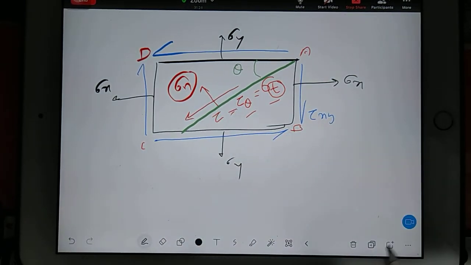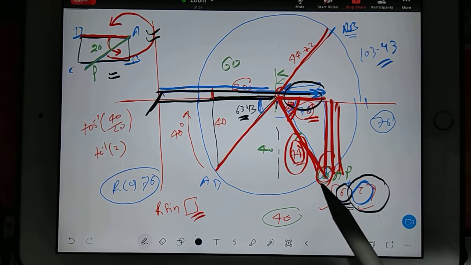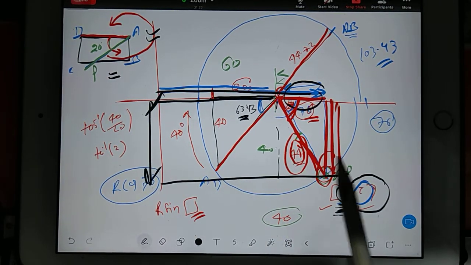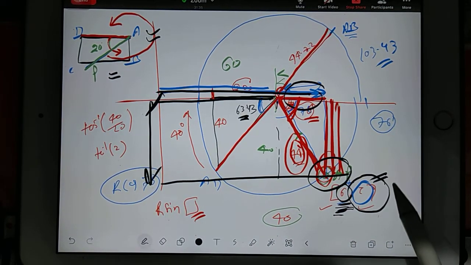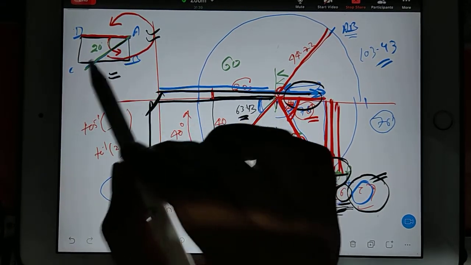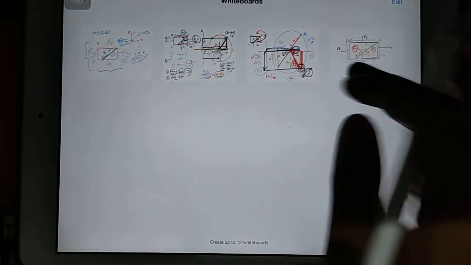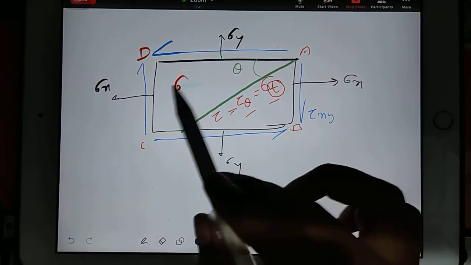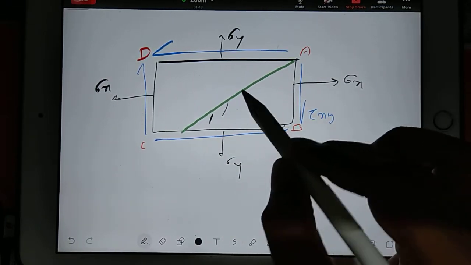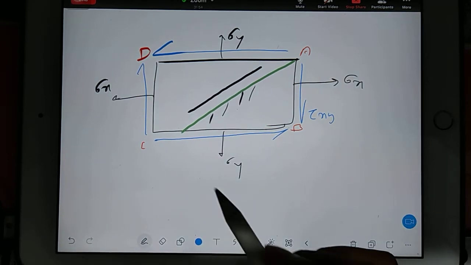Okay, just now in the previous question you saw that your tau value will be negative. Why it will be negative? Because you are coming on the negative axis. Like you can see, this coordinate is negative coordinate for tau. So if the tau is negative coordinate, it means what? On this plane, in which direction is tau? So actually this is the plane on which you are finding out the shear stress. So question is, how will you put the arrow?